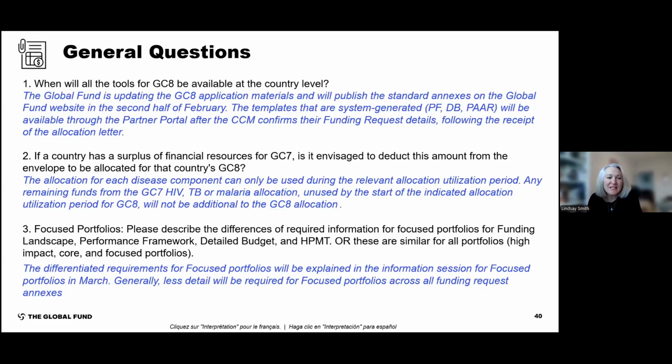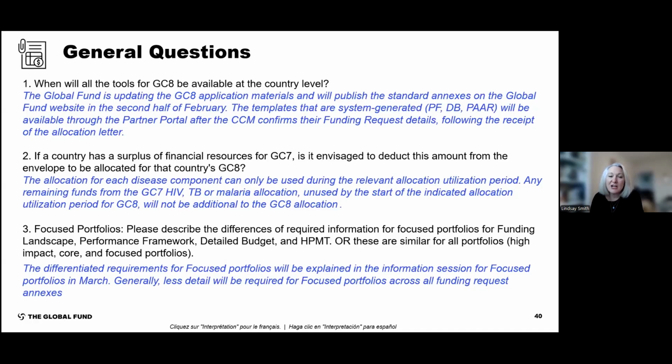The first question is, when will all the tools for GC8 be available at the country level? The answer is that the Global Fund is updating the Grant Cycle 8 application materials now, and we will be publishing the standard annexes on the Global Fund website in the second half of February after the Global Fund board meeting.